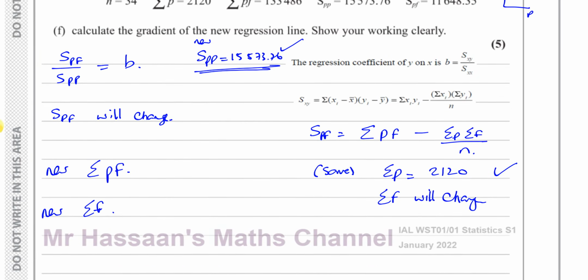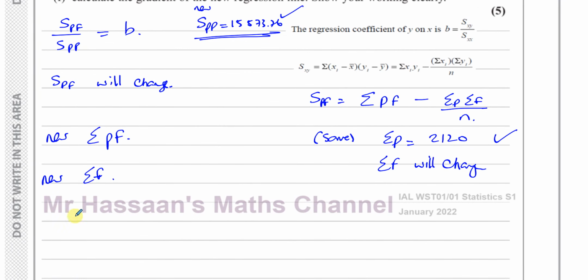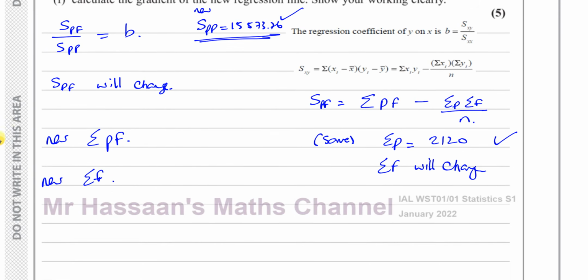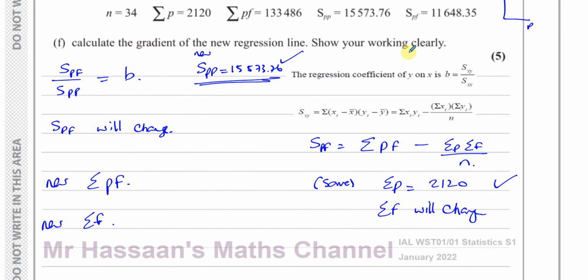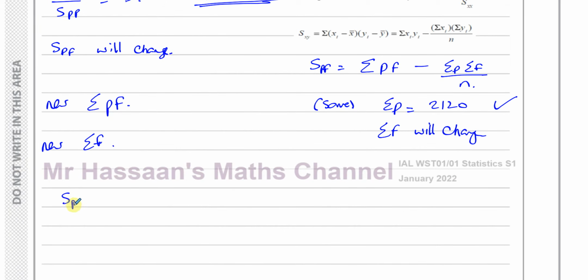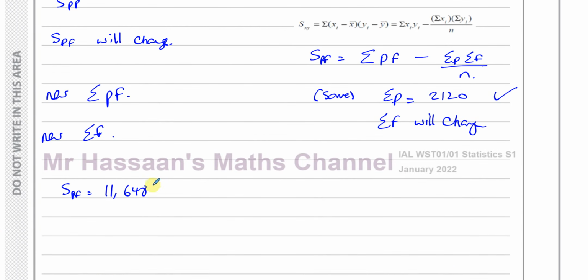For the sum of F, we can use the fact that we know the old Spf is 11,648.35.